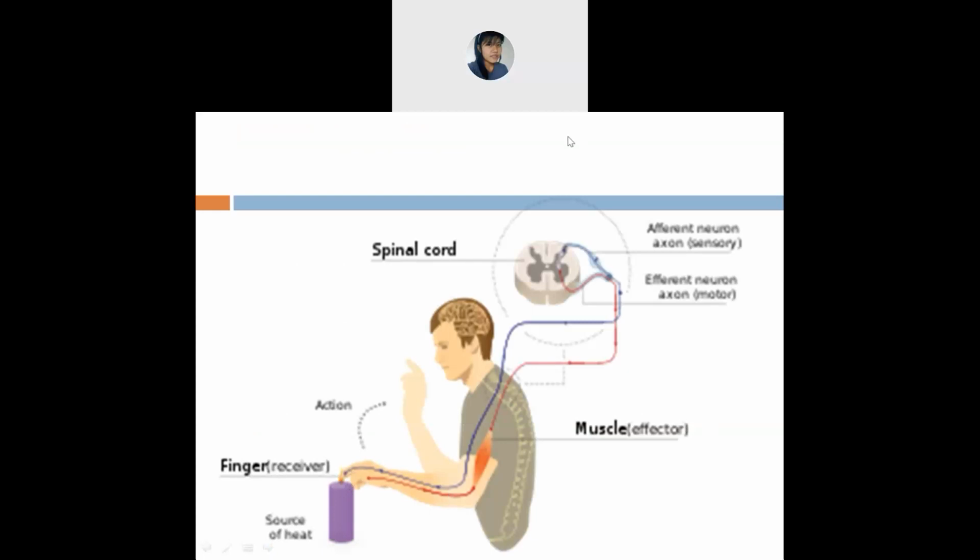Will you continue placing your hand, or will you remove it from the hot object, that is the candle? What will you do? You will remove the hand. So who is responsible for that? The interneuron. All right, the interneurons help in that. Is it clear?